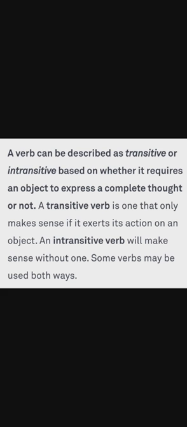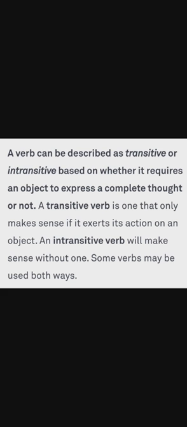Ram is the subject, so it is a noun. Plays is a verb. And football is again a noun, but it is supplementing the subject, so it is the object. Children, mind it, the subject comes in the beginning and the object comes at the last. The object supplements or complements the subject.